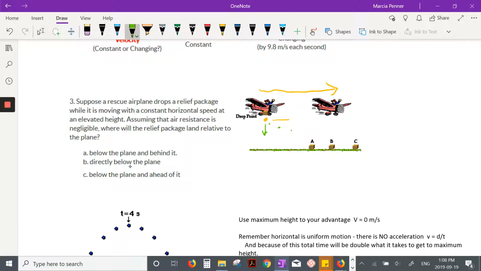So you should note, if the plane has a constant speed, our package is going to have the same constant speed as our plane. And so if we were to follow the trajectory, it should line up exactly with the airplane's location after the same amount of time. So B should be your final answer.